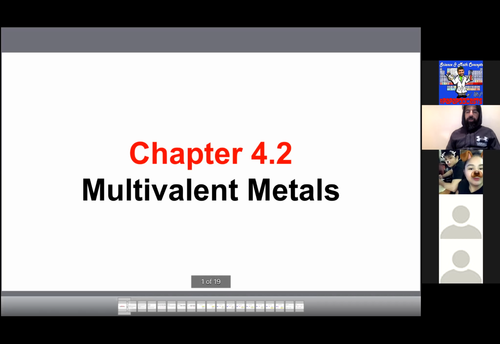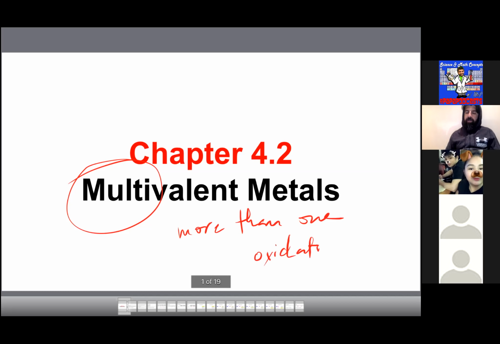So let's look at the multivalent metals here. Multivalent, as we mentioned moments ago, means you have more than one oxidation number. Iron is an example, lead another one, vanadium, platinum.